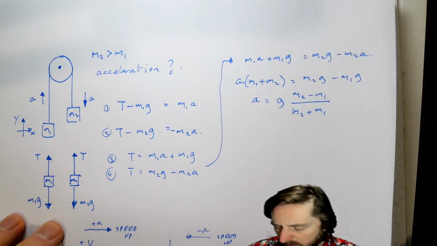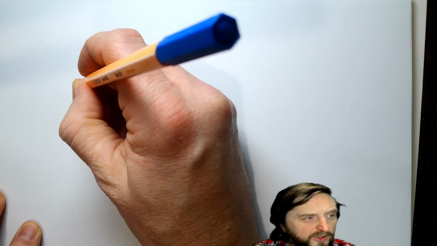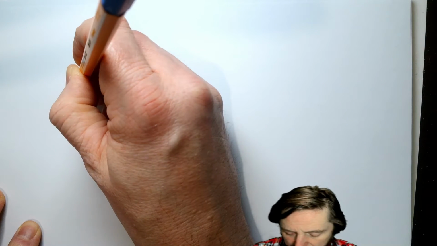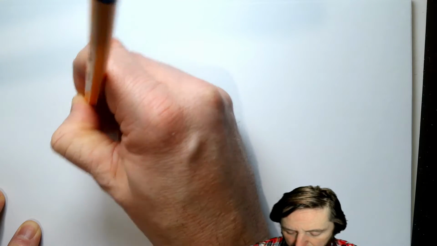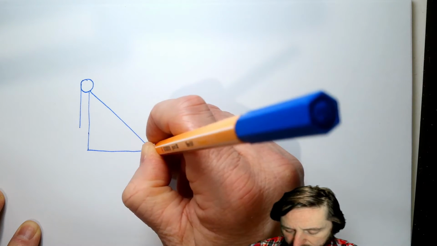Okay, so we could up the complexity a little notch there, and we could make this a little bit more tricky. So here we've got another two-body kind of problem where we have a pulley is now attached to a ramp.